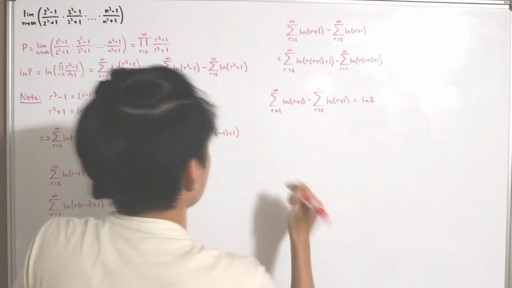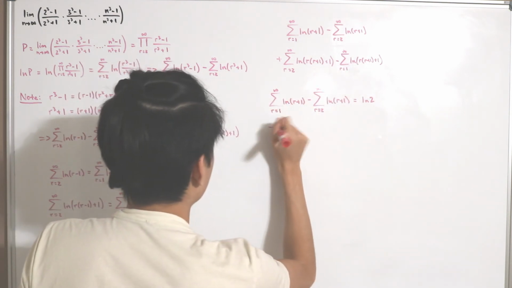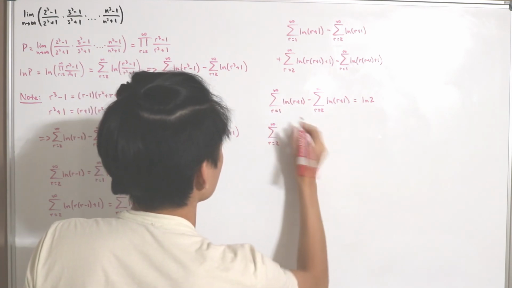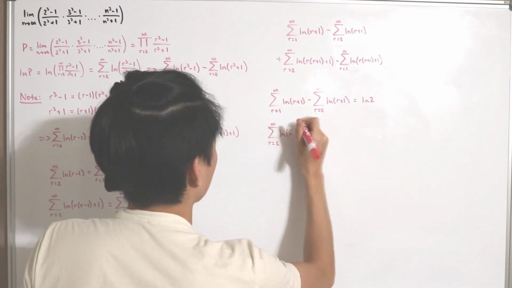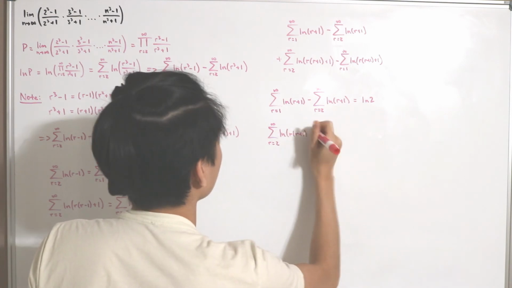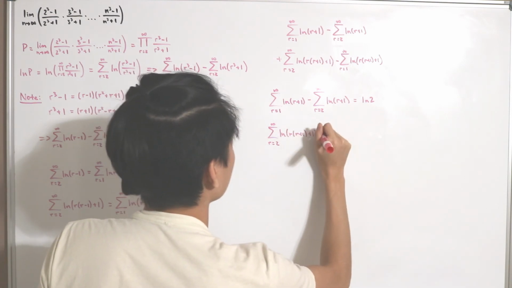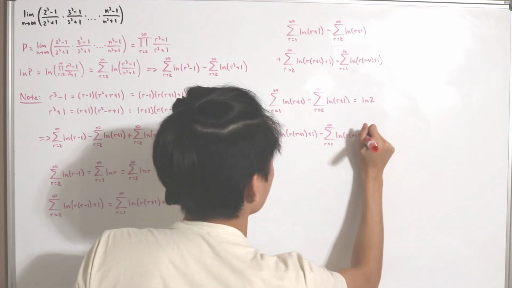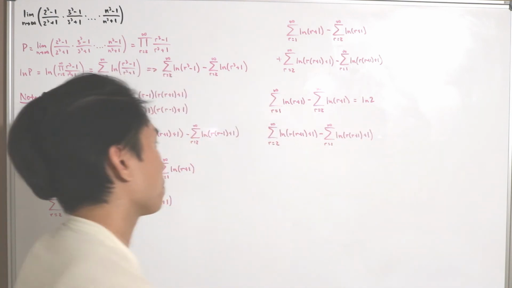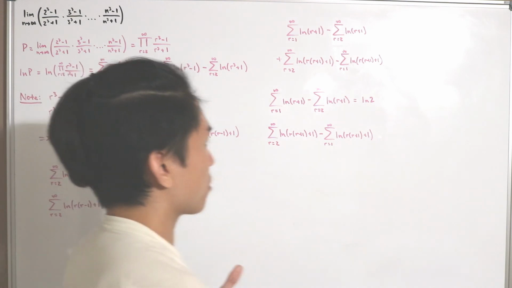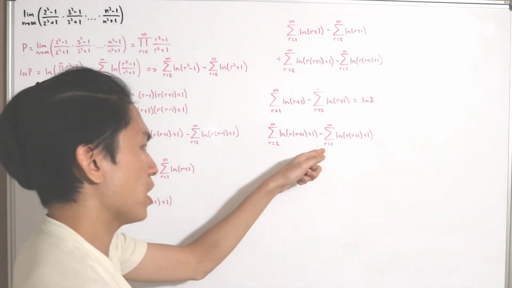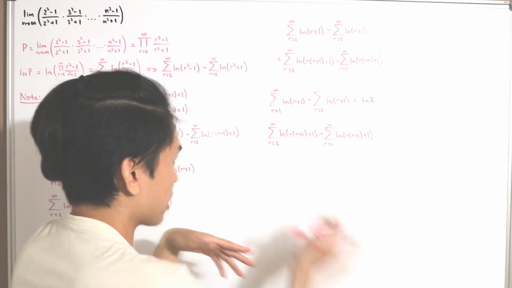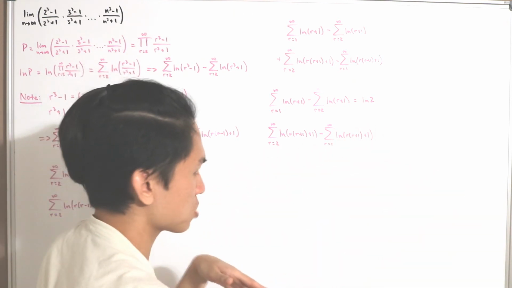So let me write out the same format as before. The sum from r equals 2 of ln of r times r plus 1, then minus ln of r plus 1 times r plus 2. As I said before, when r is equal to 1, it's usually the smaller index compared to here, and it's going to be the bigger sum.